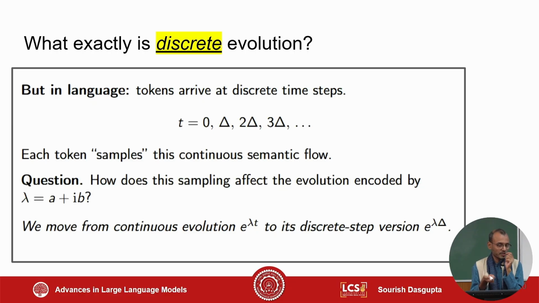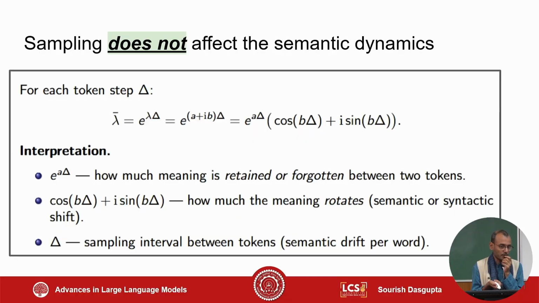But how does this sampling affect the evolution encoded by lambda equals alpha plus i beta, because that is continuous, right? That was under the assumption that everything is continuous. When we move from the continuous evolution e to the lambda t to its discrete version, e to the lambda delta, we don't really lose much, so the sampling does not affect the semantic dynamics.